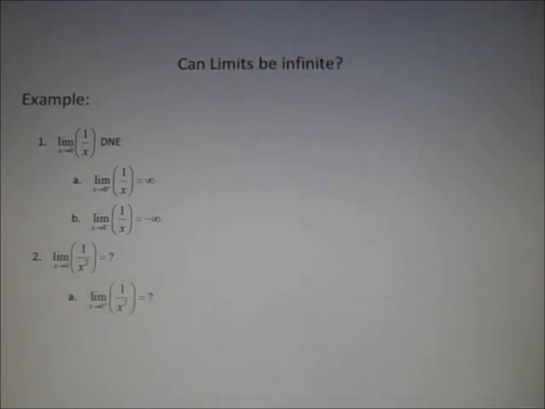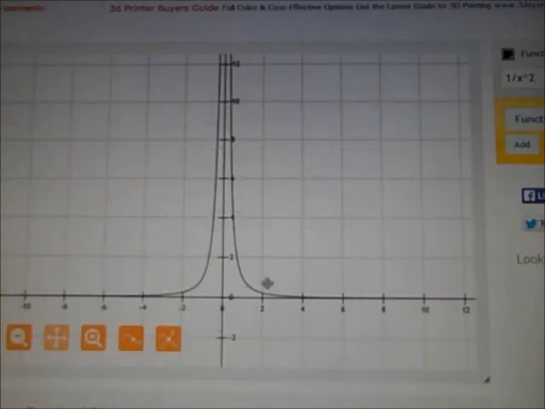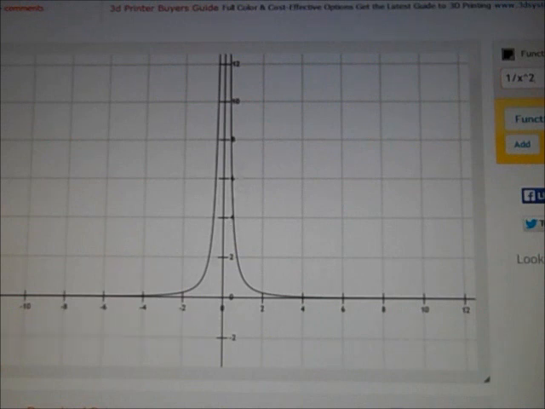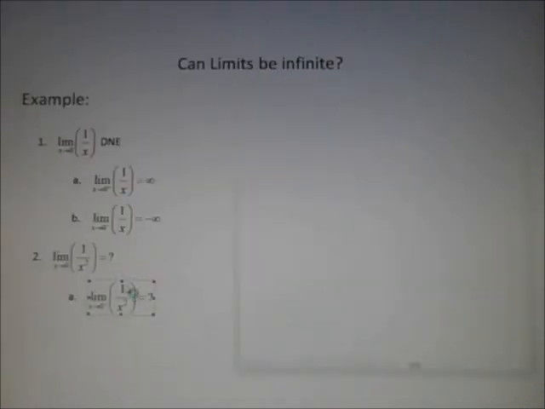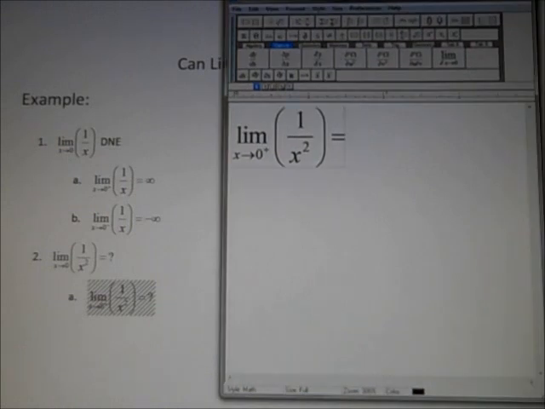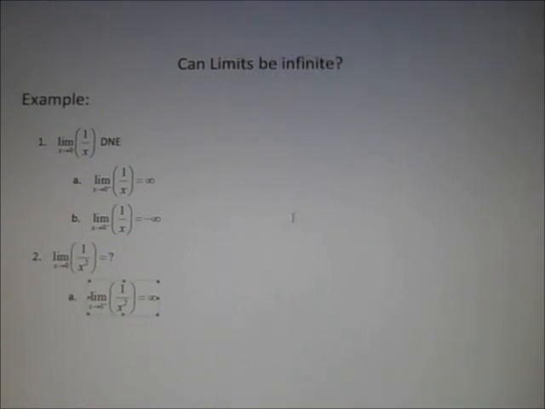Go back to our graph. What happens to my y values as I approach 0 from the right? I'm traveling, and my y values are going up, up, up. Do they ever stop? No. So the limit from the right as I go towards 0 is infinity. So I have my right hand side.